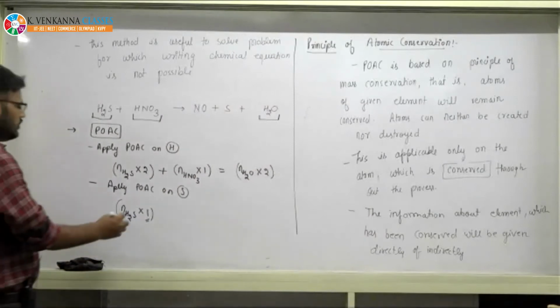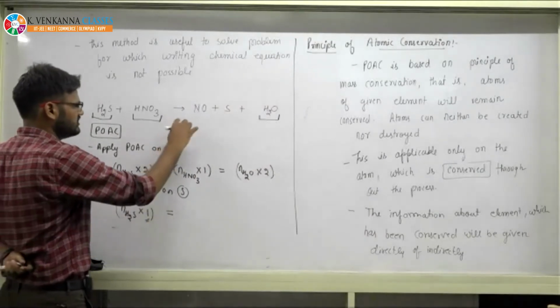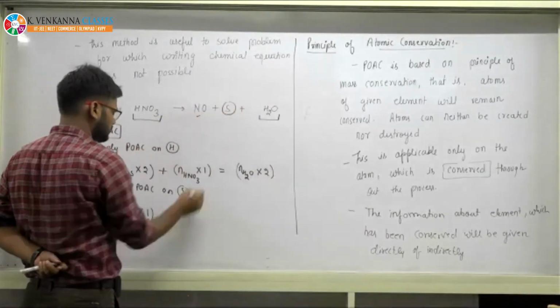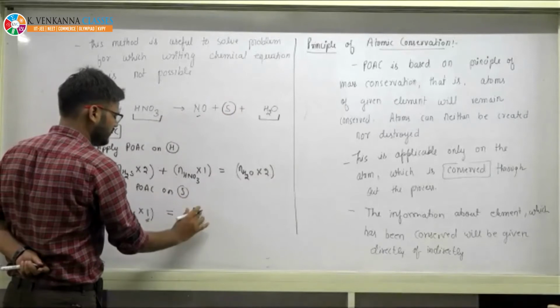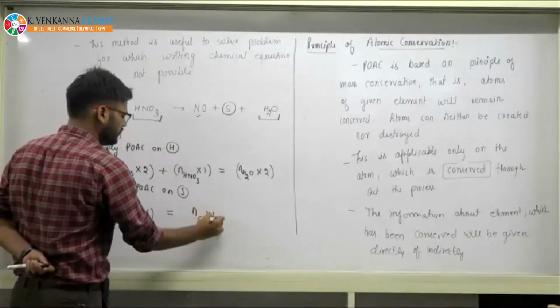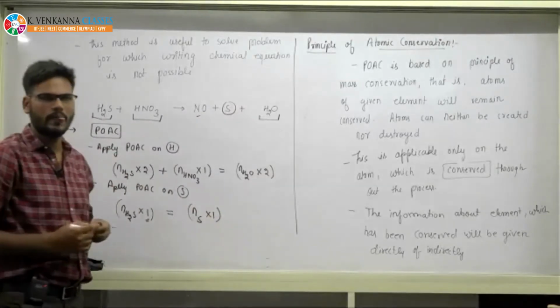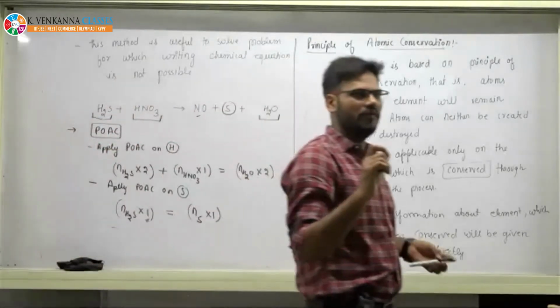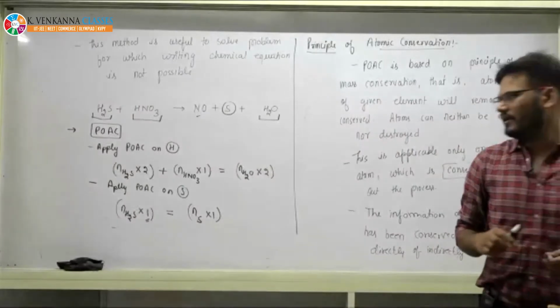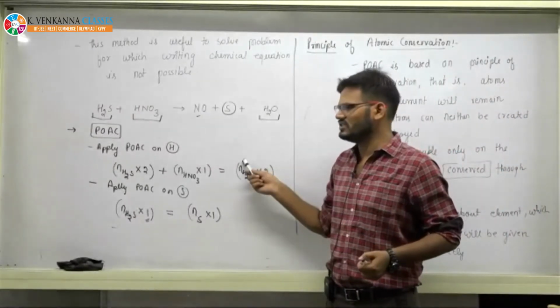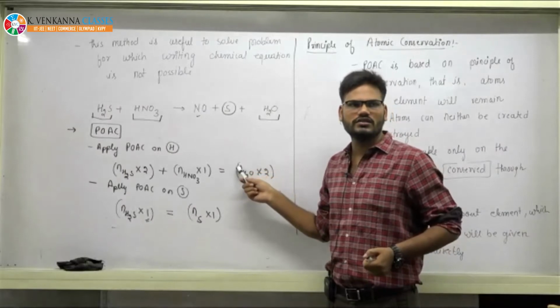On the product side, sulfur is present only in S, so moles of sulfur into 1. This is for sulfur. Is it okay, beta? If information about sulfur has been given, then you are going to use this equation. If information about hydrogen is given, then you are going to use the other one.